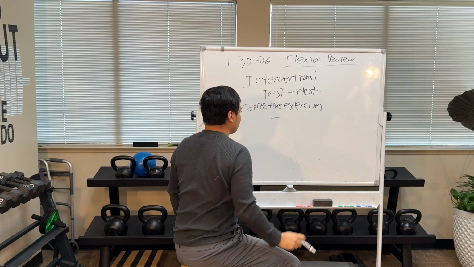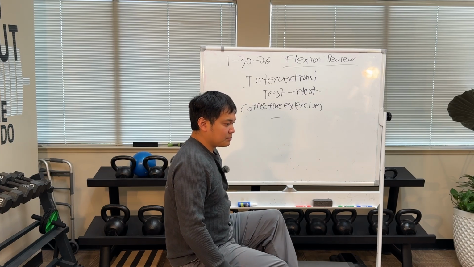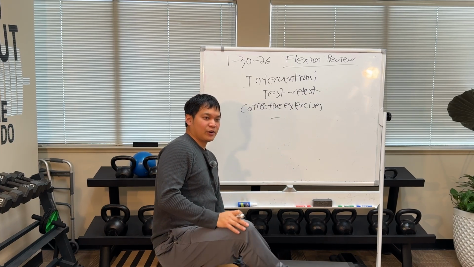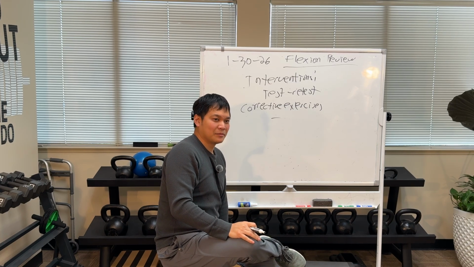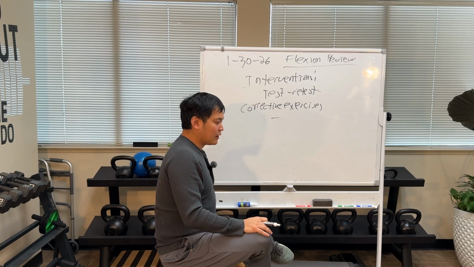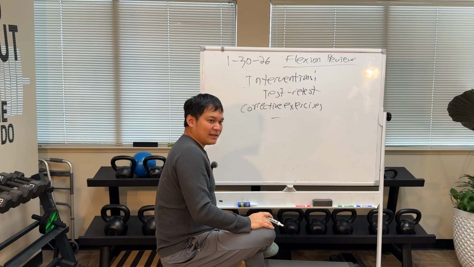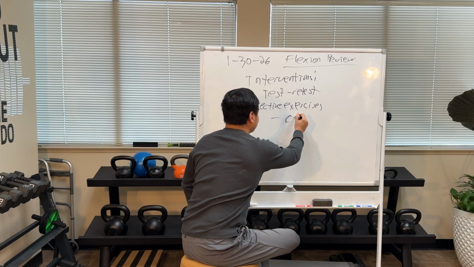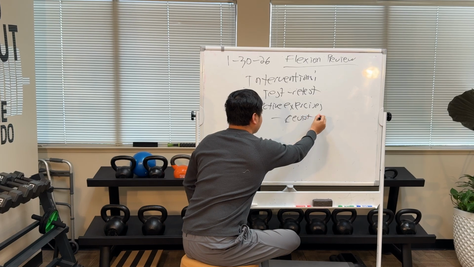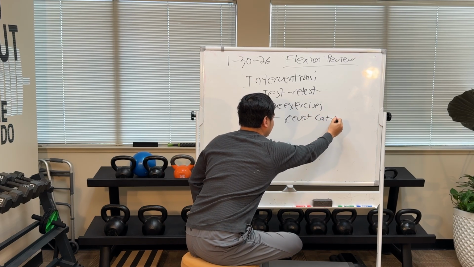All right. What are the best correctives? Let's say we determine it's a lumbar, thoracic, flexion-based problem. Teach them how to hinge, or the cat-cow. Yeah, cat stretch.